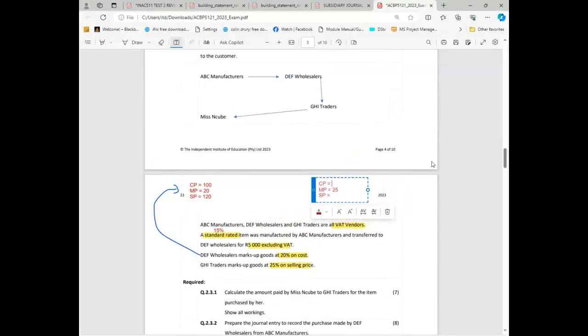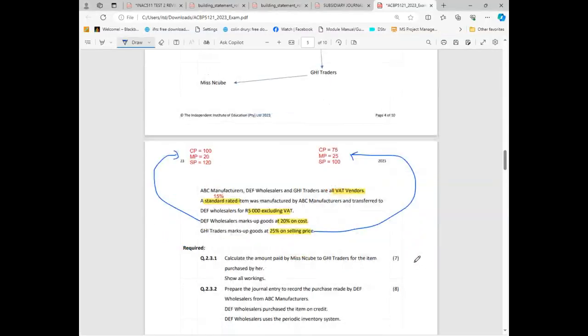So CP is 75, and then SP is 100. Perfect. Yeah, that's good.